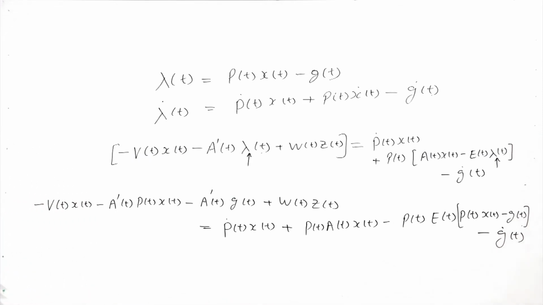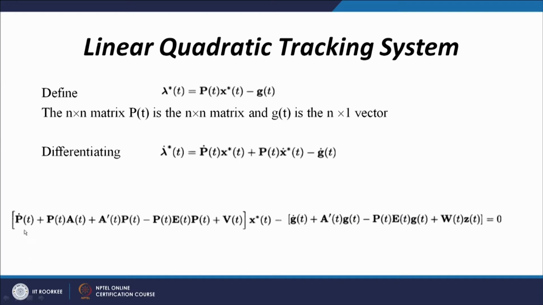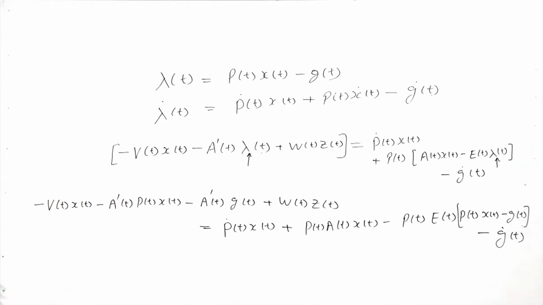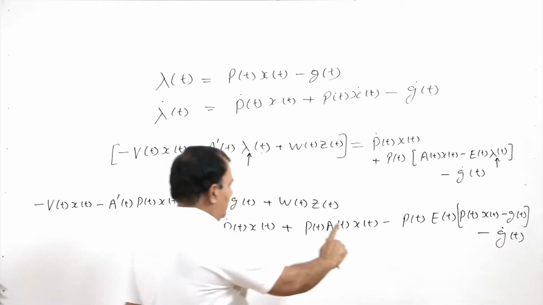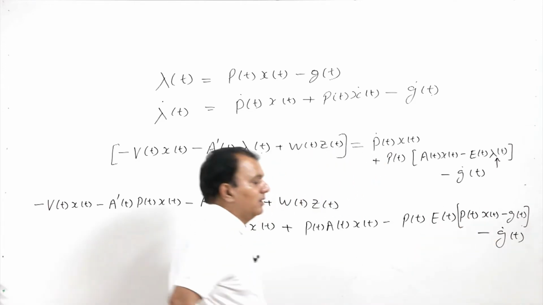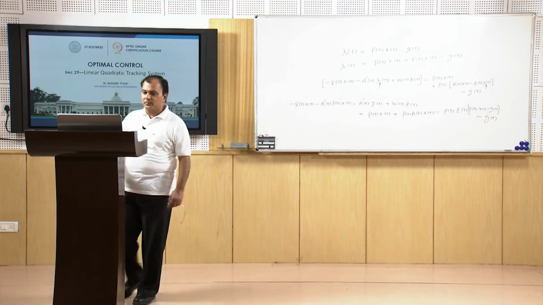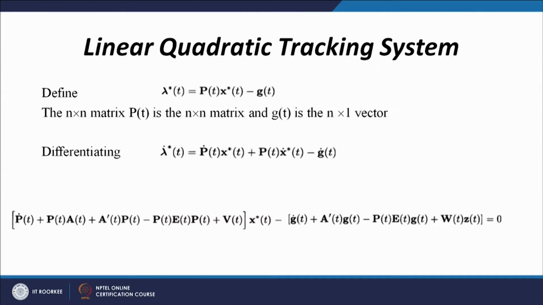If I arrange this equation, I can write p dot t plus p t a t plus p t a t minus p t e t p t with x of t, by expanding this, plus v t x t, this we are getting from this side, minus g dot of t plus a prime t g t minus p t e t g t plus w t z t equal to 0.